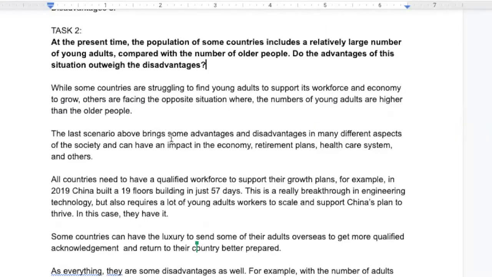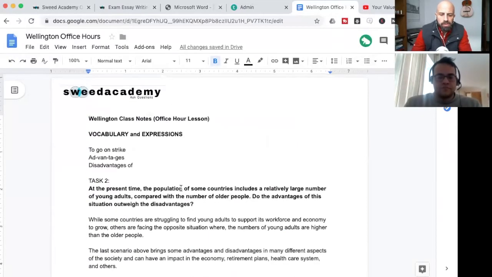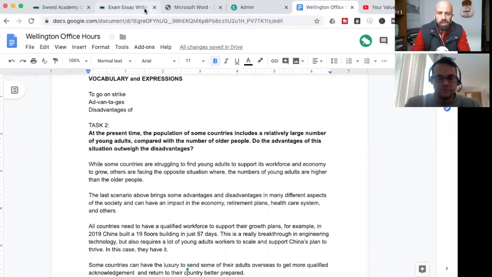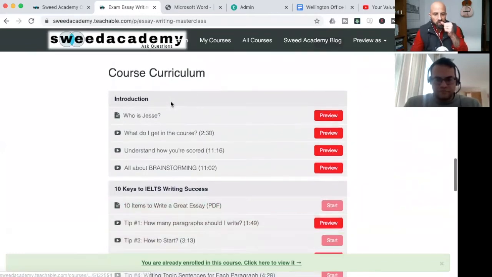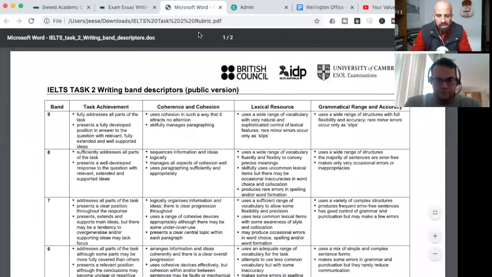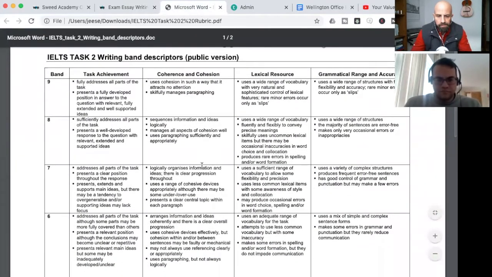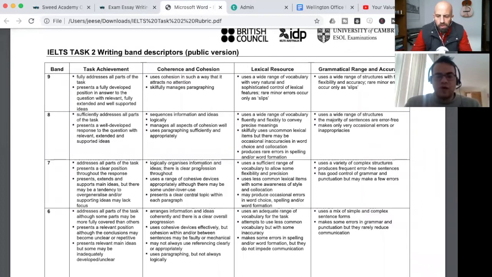Perfect. So we need that to work specifically on what we're doing. First of all, a good thing to do is, you'll see in this course, understand how you're scored, and that will give you the rubric. So you can see my score now, like per this.